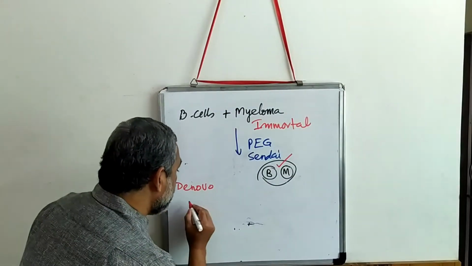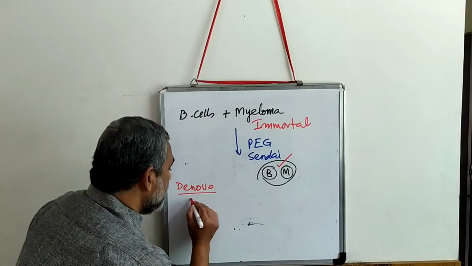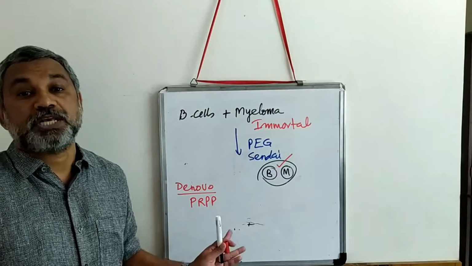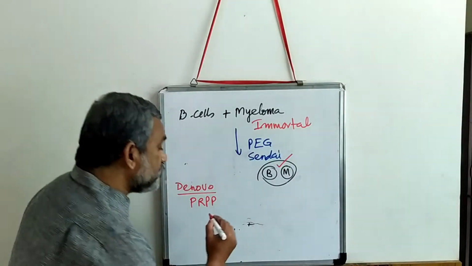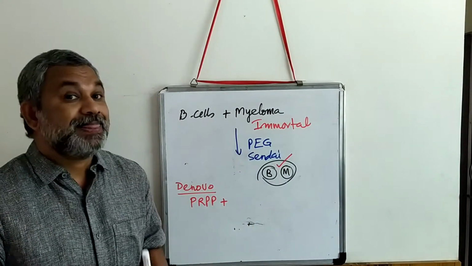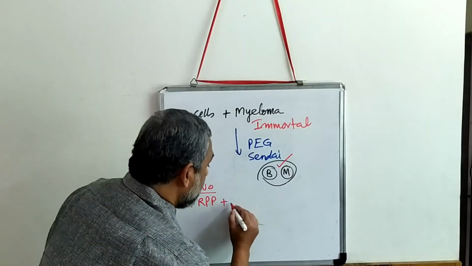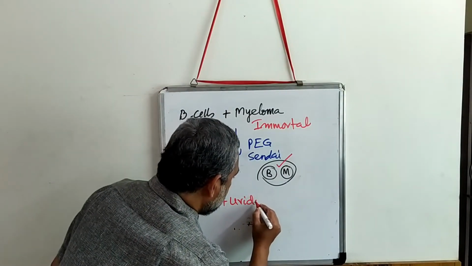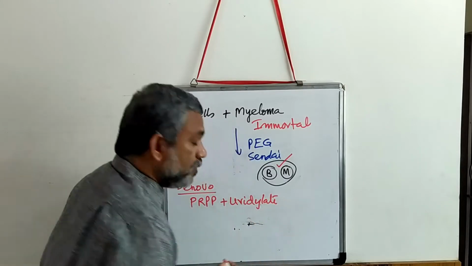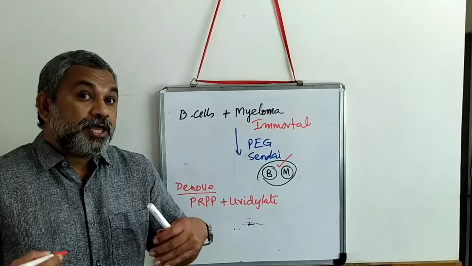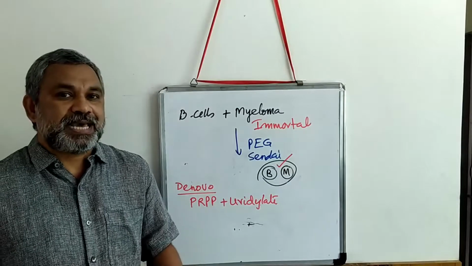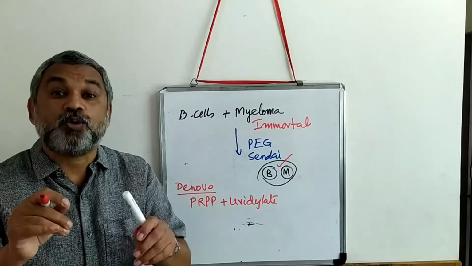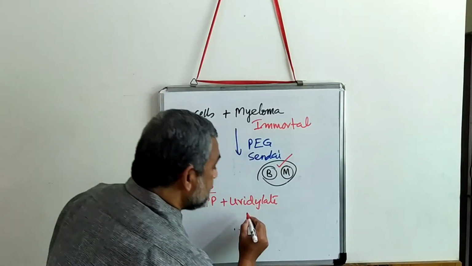So in de novo pathway, we have a molecule called PRPP, phosphoribosyl pyrophosphate, that can be added to a uridylate, a nucleotide. Now you are able to synthesize thymidylate, and thymidylate is required for nucleic acid synthesis.